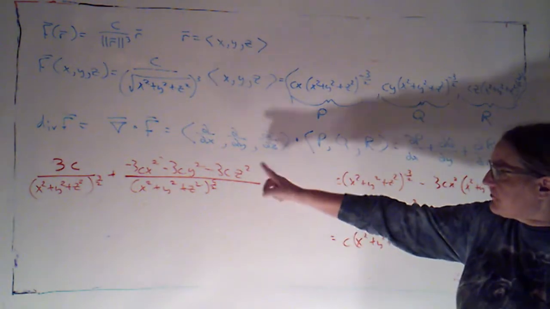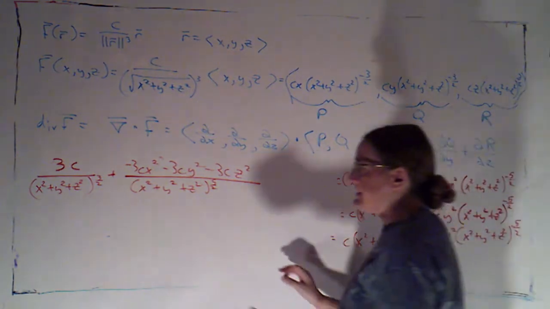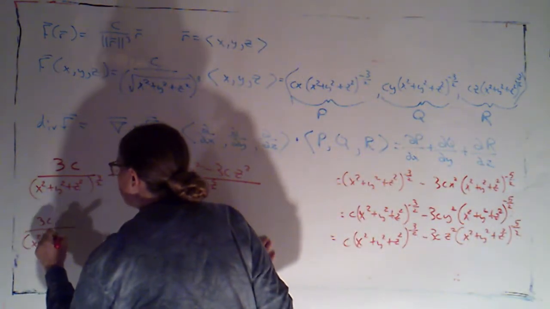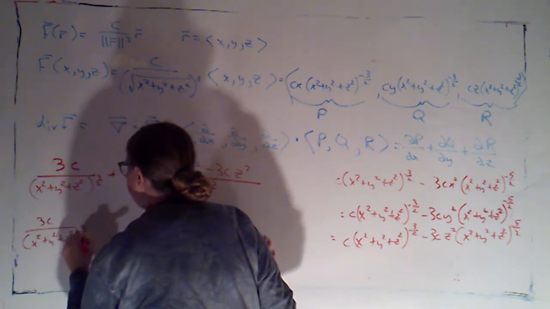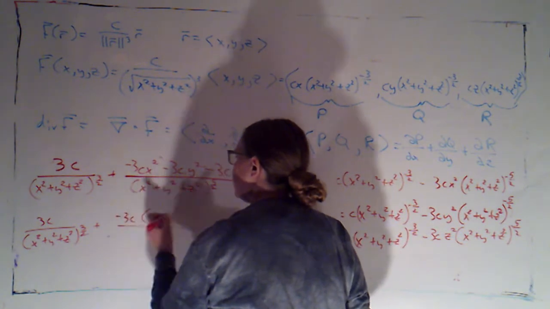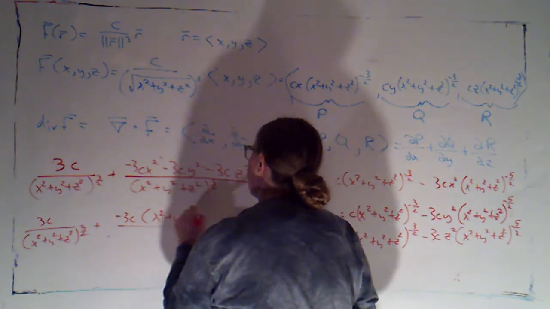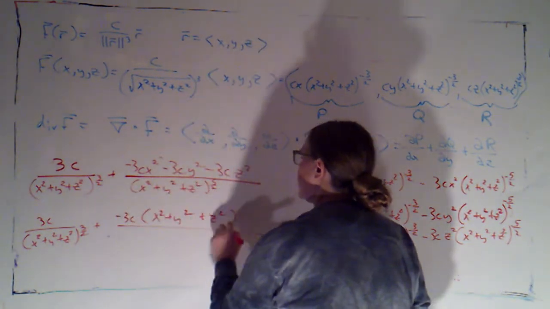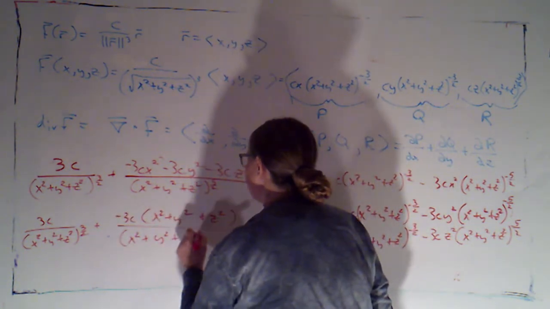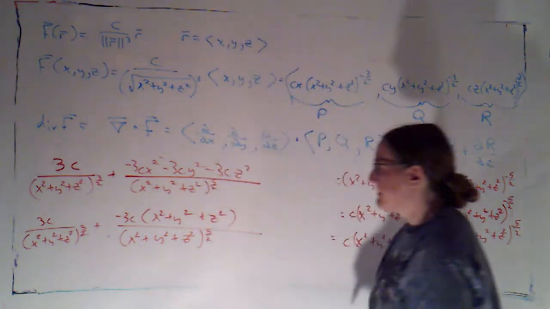Now, I'm going to just factor out the minus 3c there. So I've got 3c over x squared plus y squared plus z squared to the 3 halves. Plus, if I factor out a minus 3c, that's times x squared plus y squared plus z squared all over x squared plus y squared plus z squared to the 5 halves.